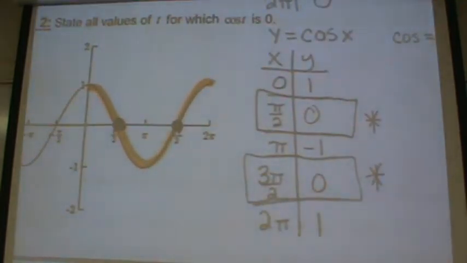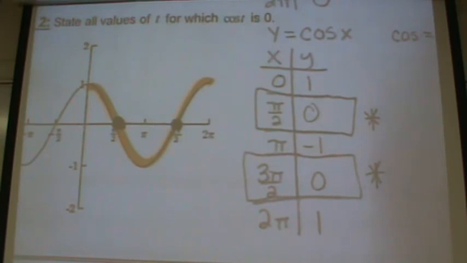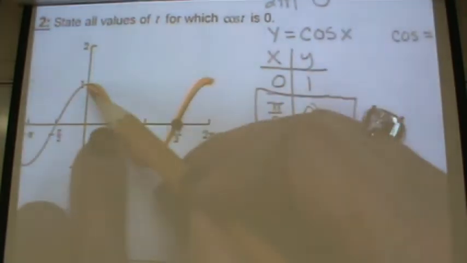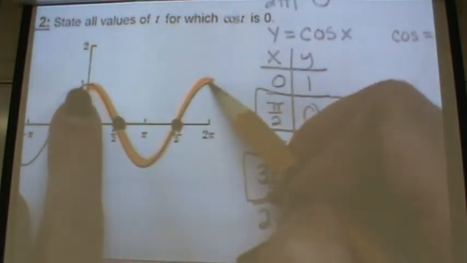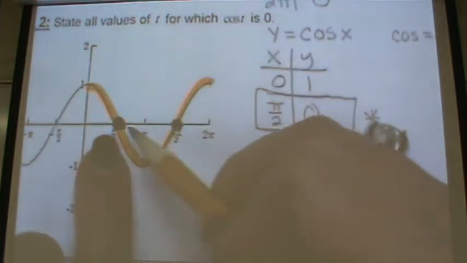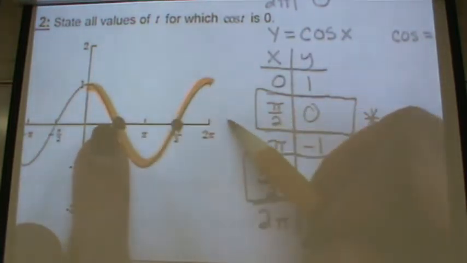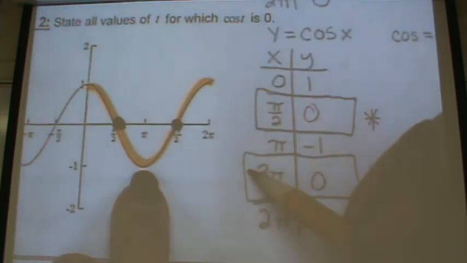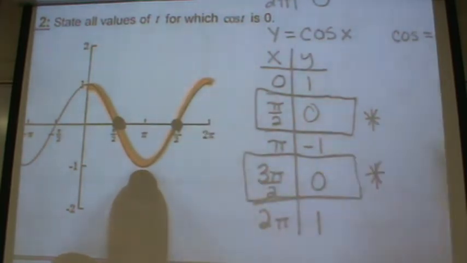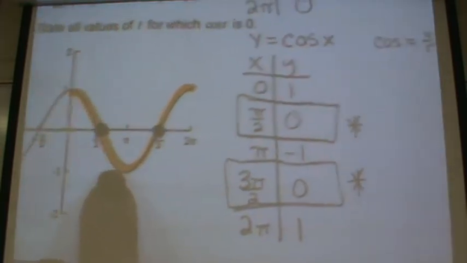So how would you write this answer? Well, understanding that each of these points is going to repeat, this is 2 pi units later. This point is going to reappear over here, which is 2 pi units later. This point is going to reappear here at 2 pi units later, and so forth. And it's going to go another 2 pi, and another 2 pi.